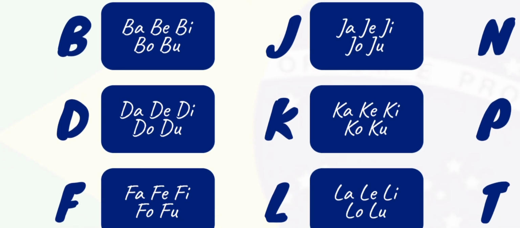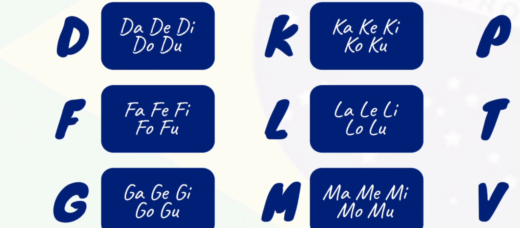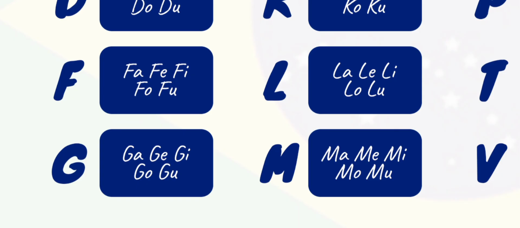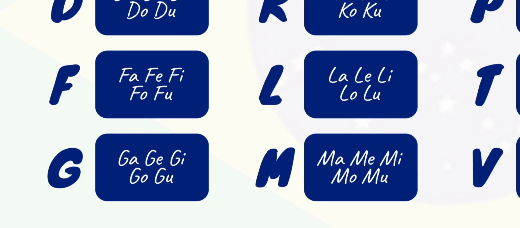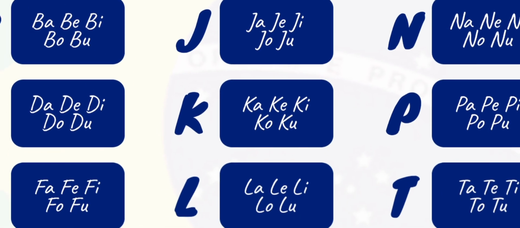Okay, so with D: da, de, di, do, du, and just follow the pattern with the rest of the letters. I'll just go through them, but I won't focus on them too much because we have more important things to teach. F: fa, fe, fi, fo, fu. G: ga, ge, gi, go, gu. J: ja, je, ji, jo, ju.